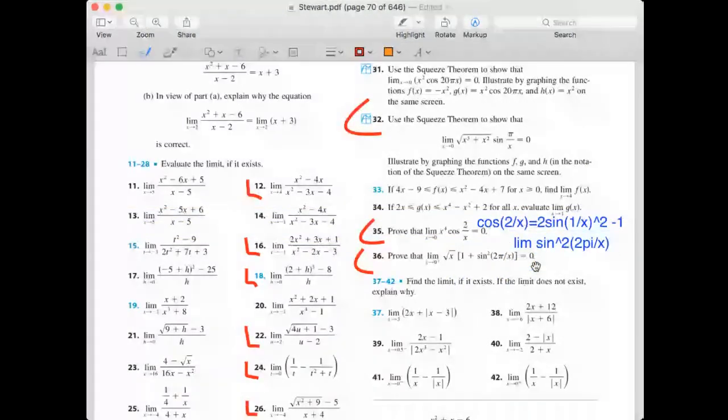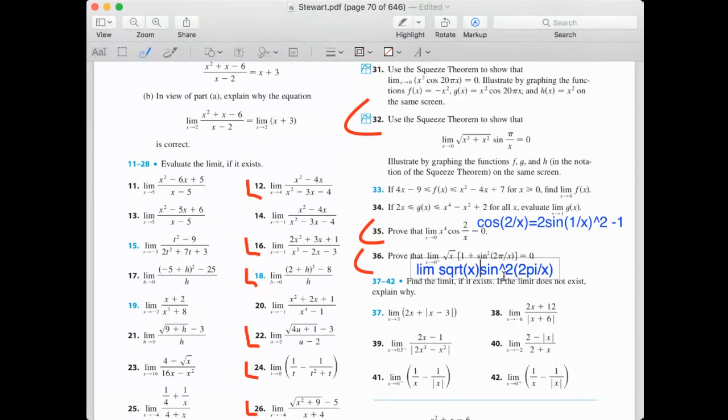Okay, let me just ignore this. Basically, all we have to deal with is this piece, the square root of x. What do we need? We need to multiply by 1, right? This 1 is 2 pi over x squared over 2 pi over x squared, because we remember that sine of the angle divided by the angle equals 1 under the limit when x approaches 0.